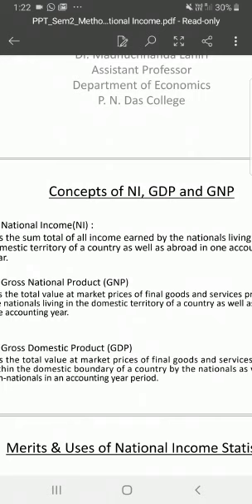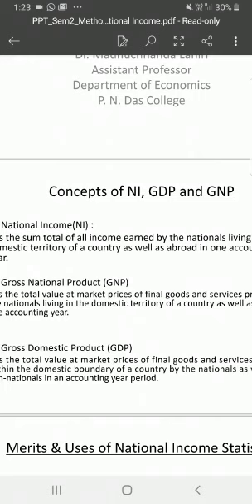Tax elements are not there, whereas the subsidy part is included in the calculation, so they have to be taken into account in this way. So any movement from GNP MP to GNP FC, that is, if we want to find the same concept in terms of factor cost from one calculated in terms of market price, we have to deduct net indirect tax.